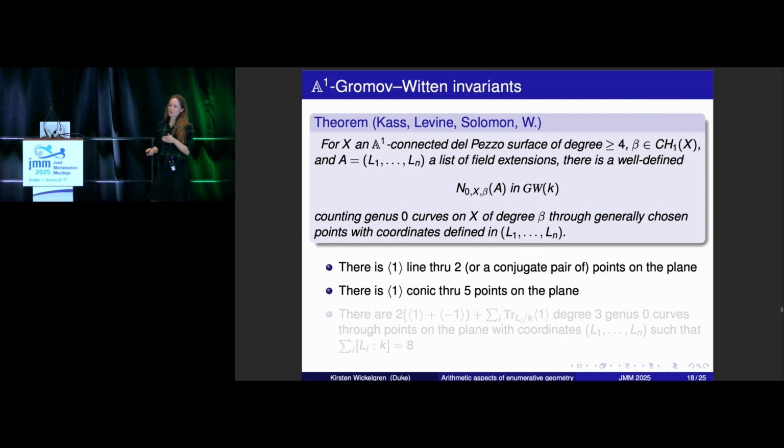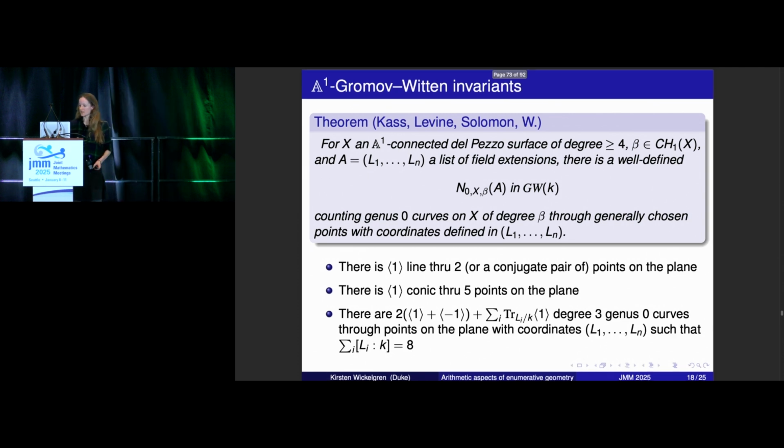But then you projectivize, you subtract 1, and the automorphisms of P2 has dimension 8. So there, you want 3D minus 1 points to get a finite number of genus 0 plane curves of degree D. So we want 8 points. We want to run degree 3 genus 0 curves through 8 points of the plane.